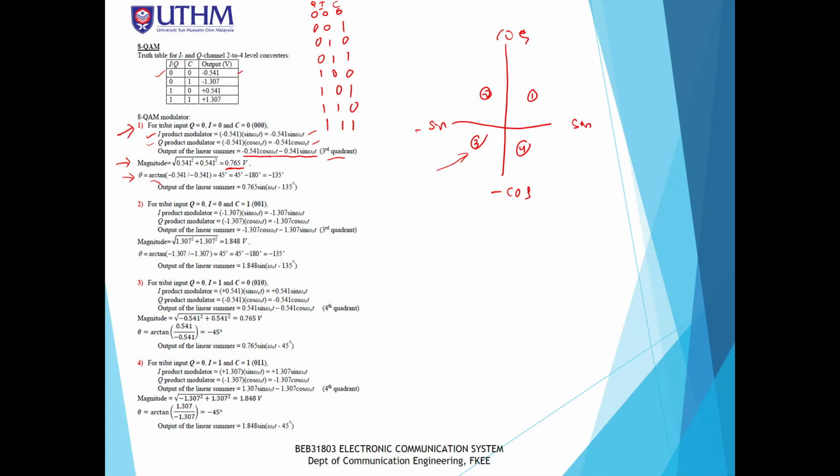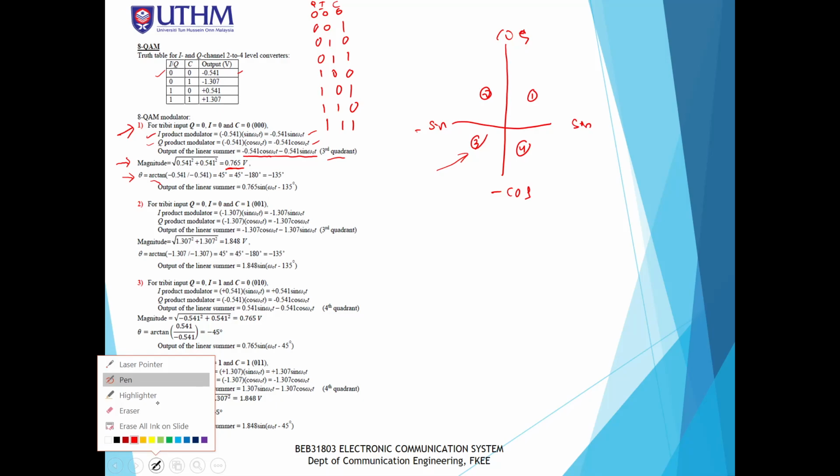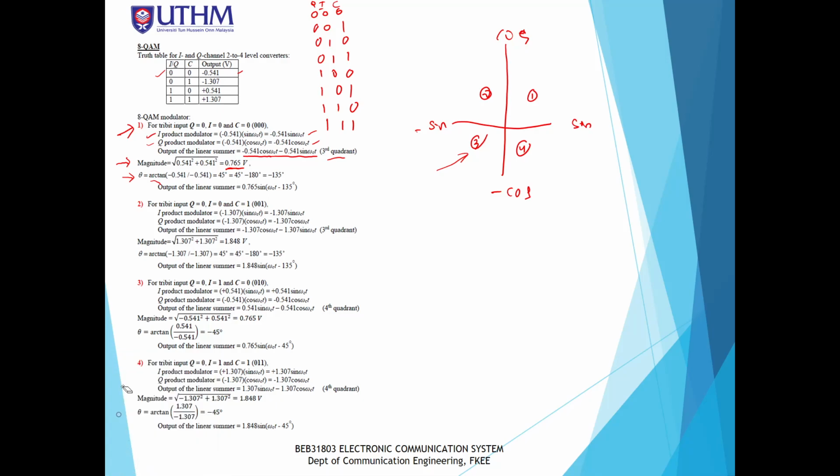But remember, this 45 degrees is actually 45 degrees from the x-axis. So the 45 degrees that we get is actually over here, 45 degrees from that point.